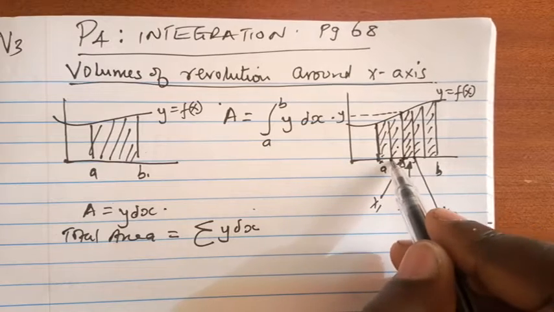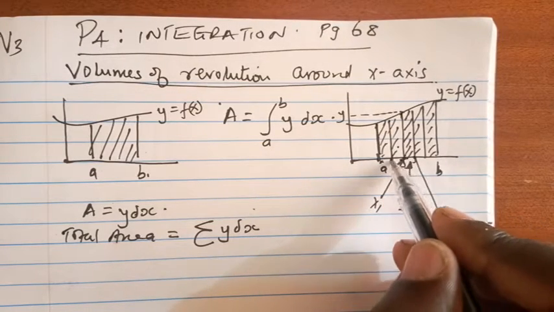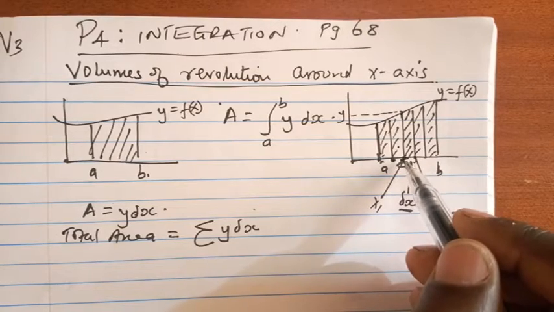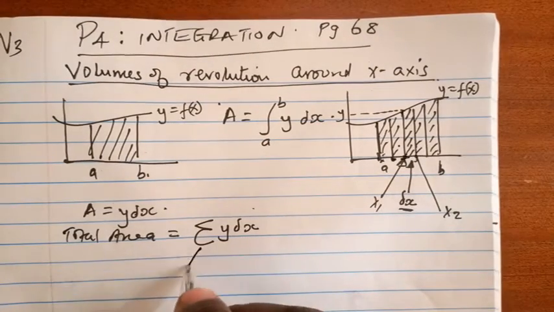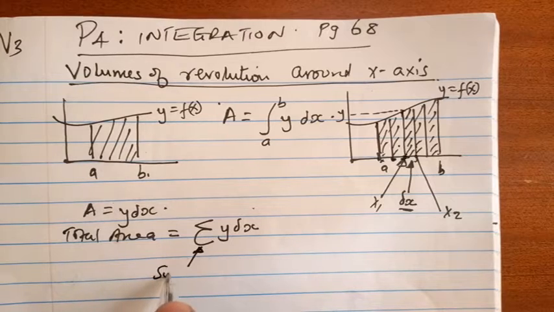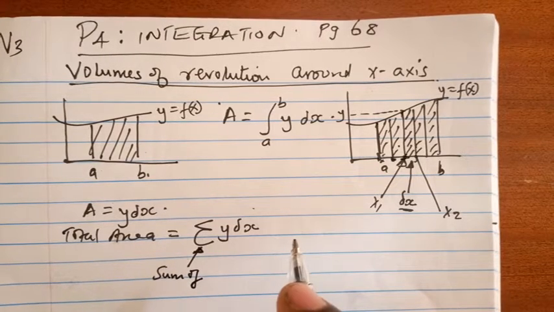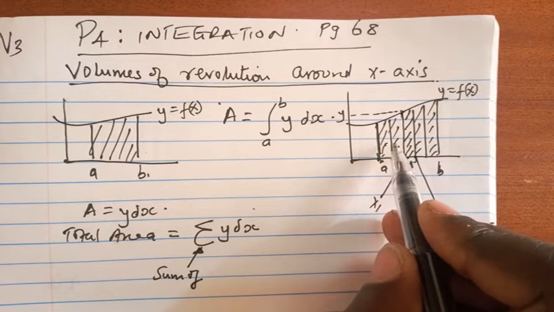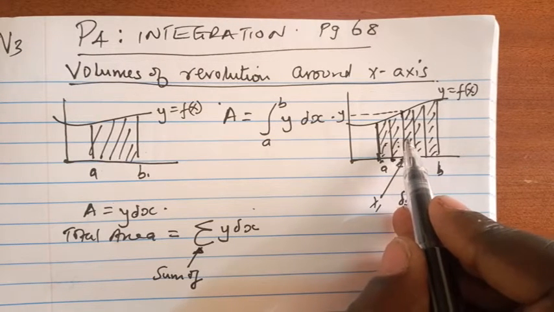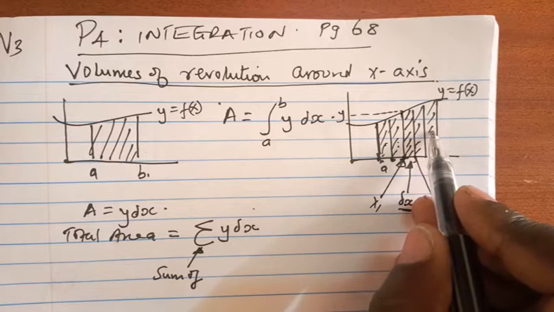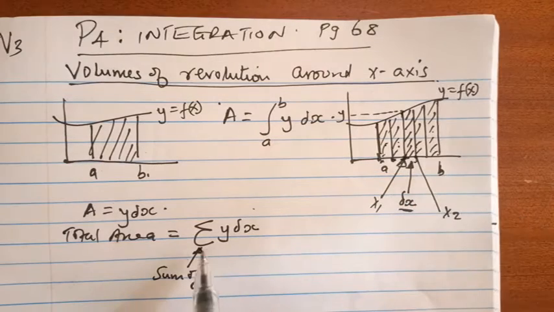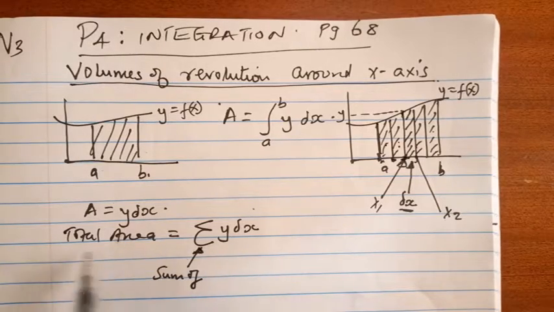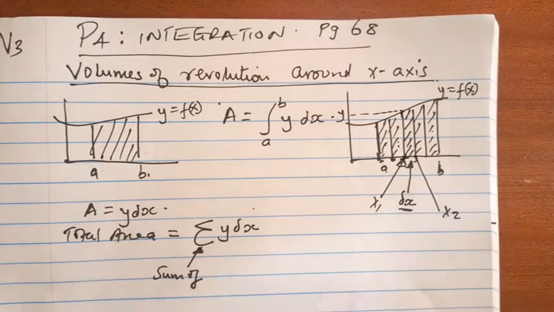The second stripe has a height y, and the width is still the small change in x, and so on and so forth. Sigma means sum of, so it is the area of that stripe plus the area of that stripe, all the way to the last stripe, and this is what we bring together to give us the total area of the shaded region.